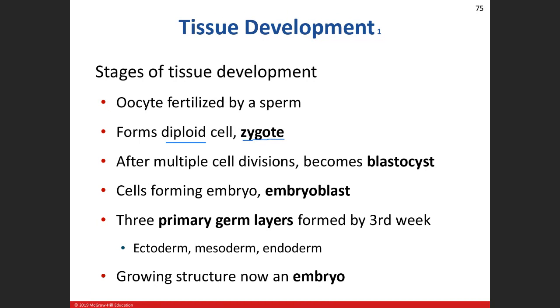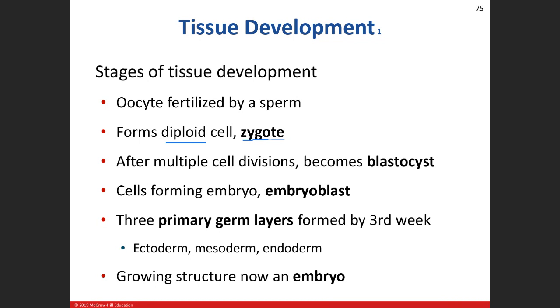We have 46 chromosomes, but each of those has 23 chromosomes. So the sperm has 23 chromosomes, the oocyte has 23 chromosomes. When fertilization occurs, we just add them together, and then we have 46. And that's what all of us as adults have, kids have, same thing. So once that occurs, we get a diploid cell, which we call a zygote.